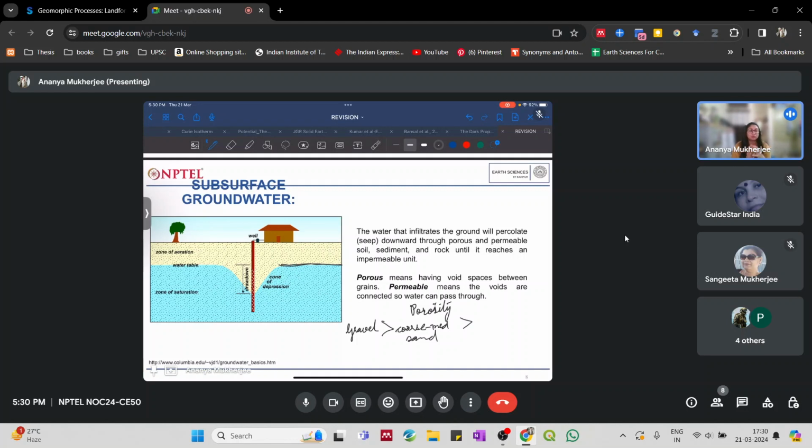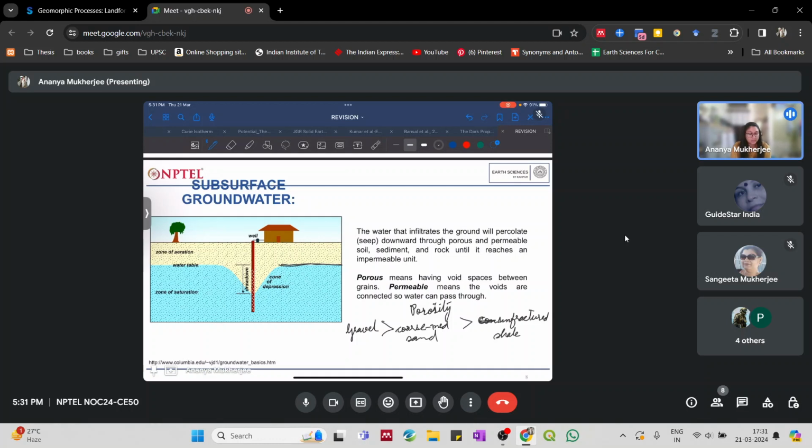Fractured rock units also have a good capacity to hold, as well as help in transfer of water, but the least amount of porosity can be seen in unfractured shale.